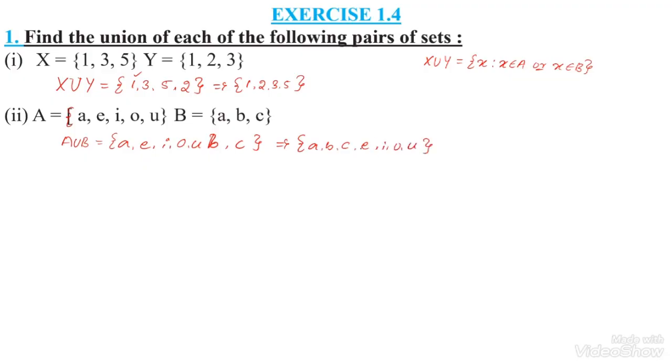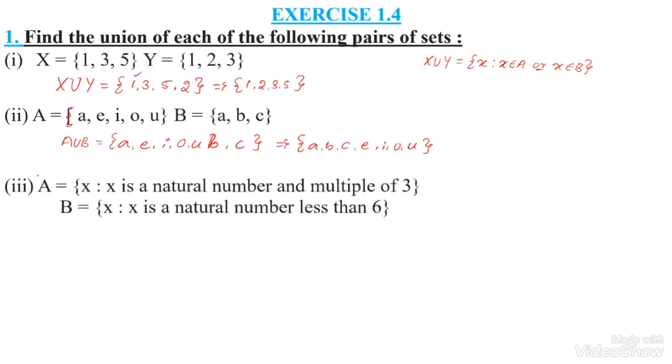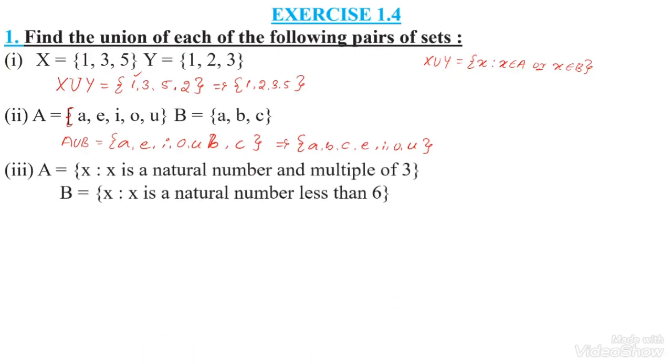Now, third question. Here, A is a set containing an element x, such that x is a natural number and a multiple of 3. x should be a natural number and also a multiple of 3, which means the numbers start with 3, 6, 9, 12, 15 and so on.